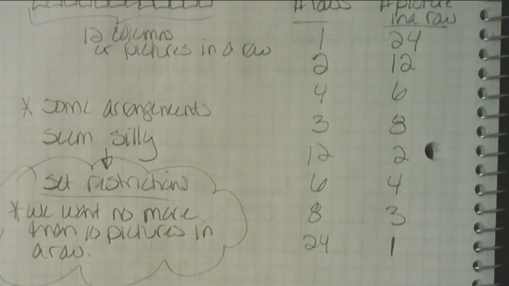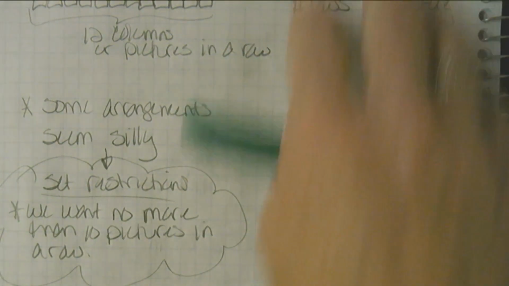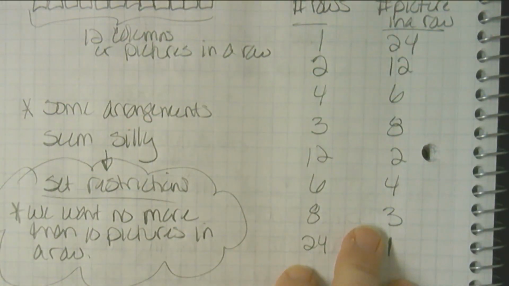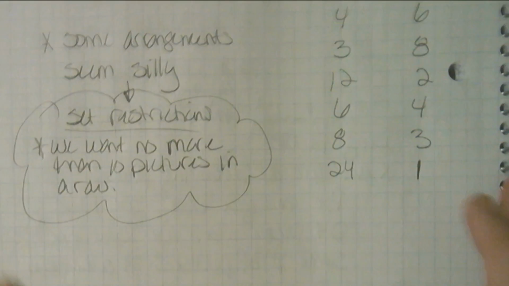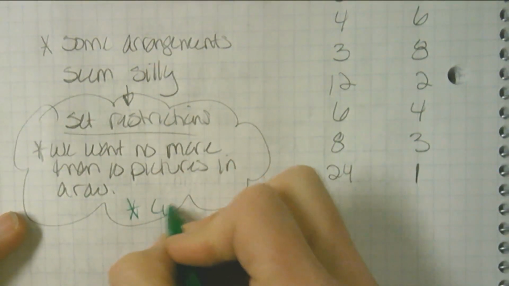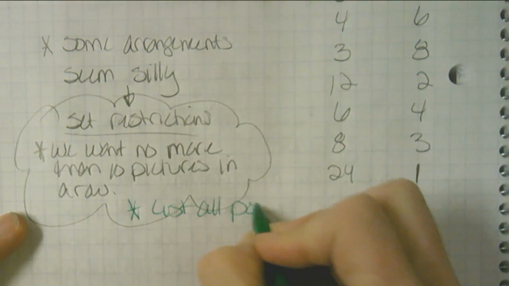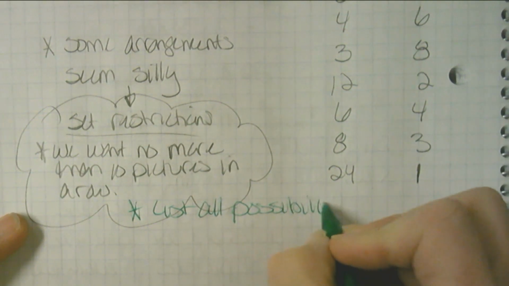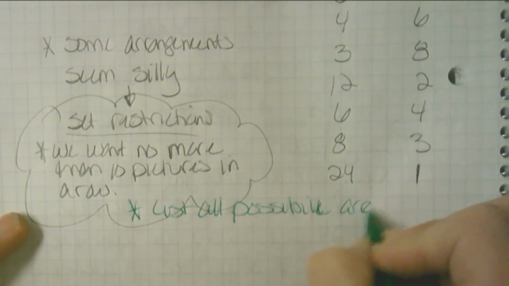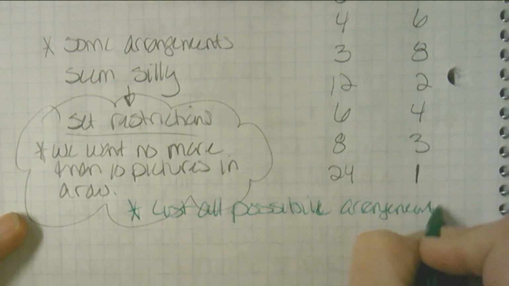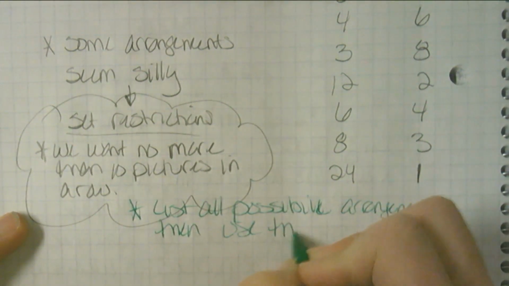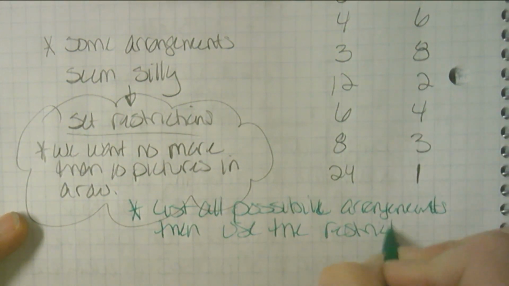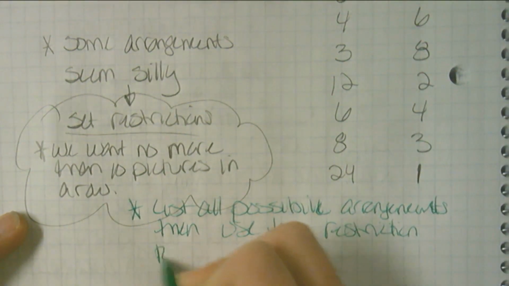All right, I want you to show all the possibilities, and then go back and eliminate the ones that don't meet the restrictions.